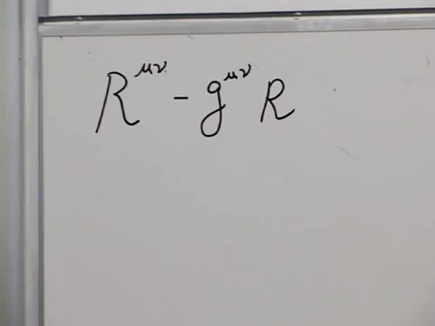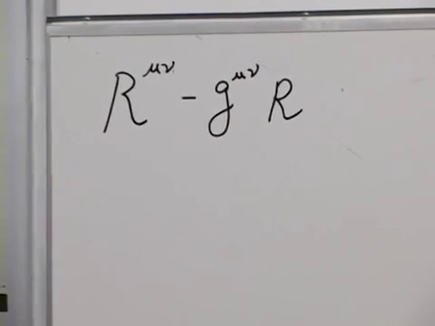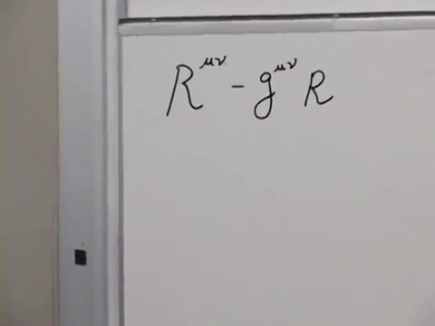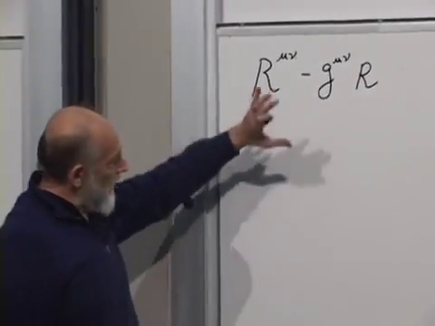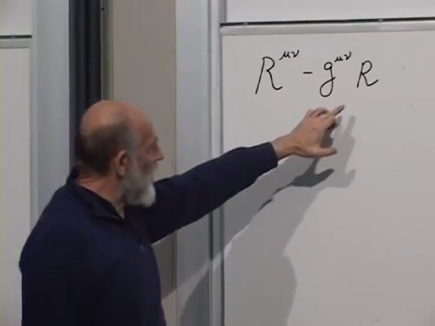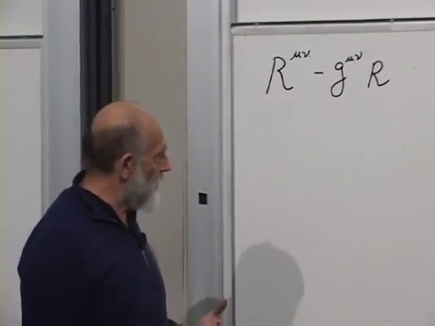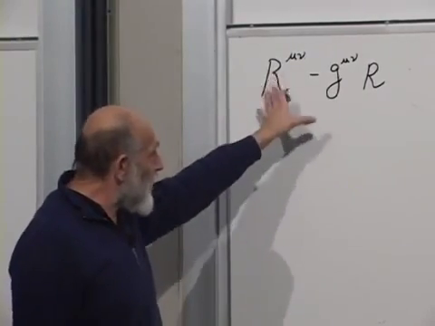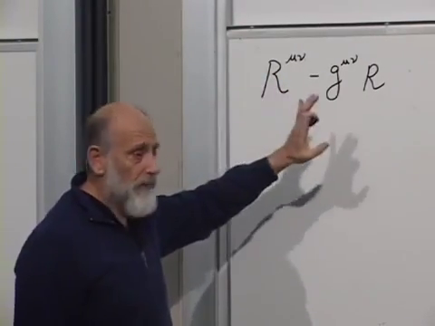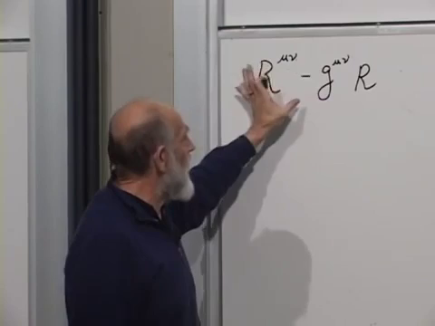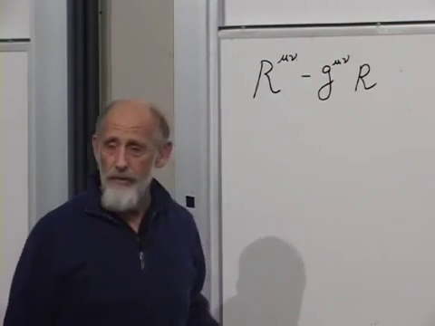But I'm writing this for those who have followed the previous quarter. Anybody remember what this tensor is called? R mu nu is the Ricci tensor. It's made up out of the curvature tensor. G mu nu is the inverse metric, and R is the Ricci scalar, the curvature scalar. This is now the four-dimensional space-time curvature tensors. Anybody remember what that's called?